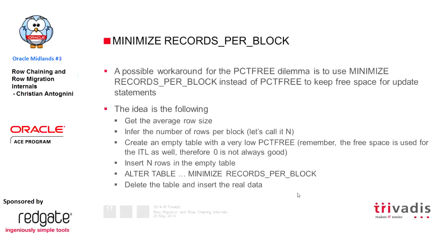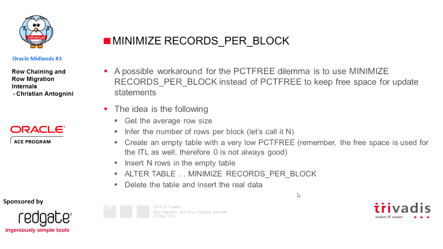The PCTFREE, by the way, you can also put to 0 because it's no longer relevant if you did your estimation correctly. And the good part of this way of doing it is that when you insert rows and the rows are small, they will leave a lot of free space inside the block because more than 20 rows, for example, cannot fit in this block. But when you insert rows which are large, it doesn't matter if there is enough space; they will be stored into it.